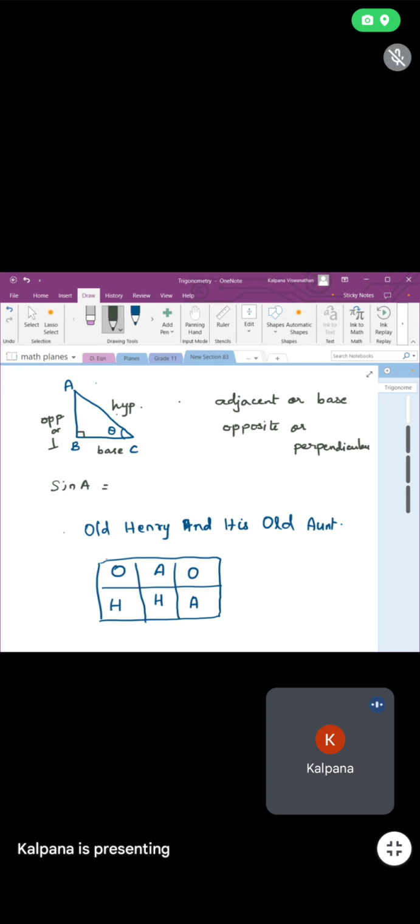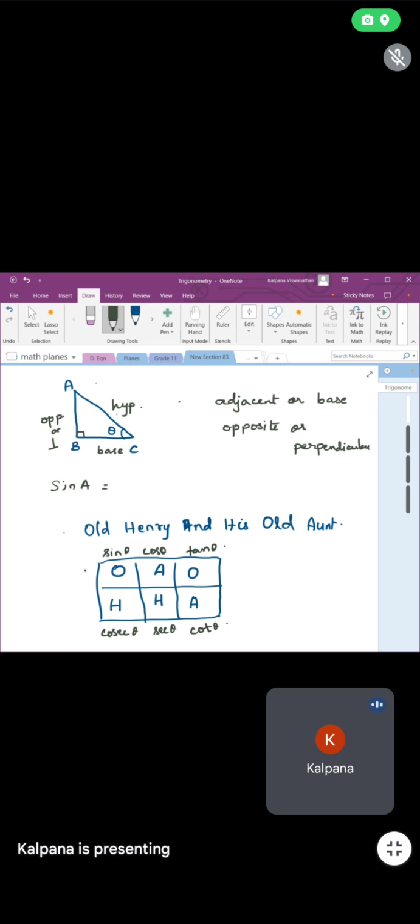So here this is sin theta, cos theta, tan theta. Here this one is cosecant theta, secant theta, cot theta. So you can learn the formula like this. Okay, so how do you write Old Henry and his old aunt? You'll write it like numerator by denominator, as a fraction.